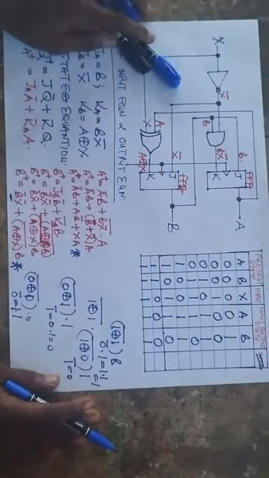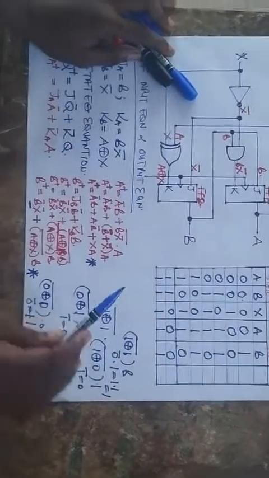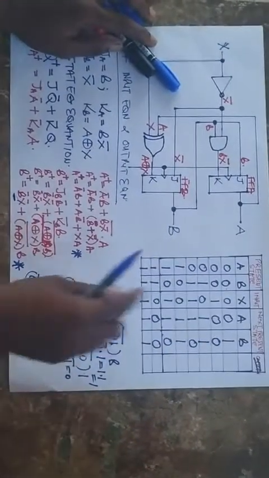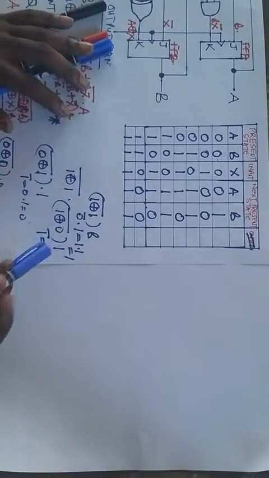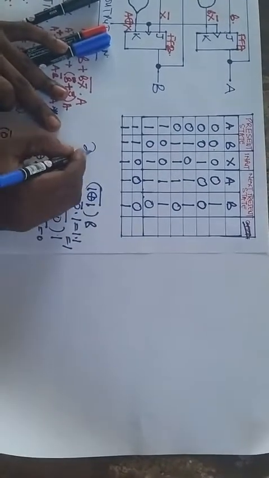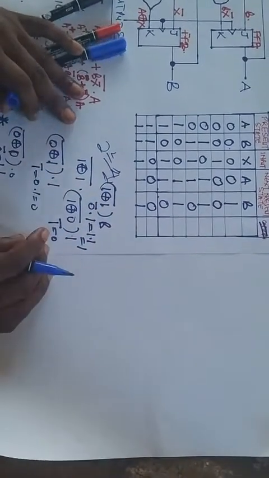The next thing we do is to draw the state diagram. Okay, again, remember that the state diagram, we are only drawing the diagram based on the state table. Okay, so we draw the state diagram now. We have AB, and 2 raised to the power 2 is going to be 4, right? So it means we are going to have 4 states.